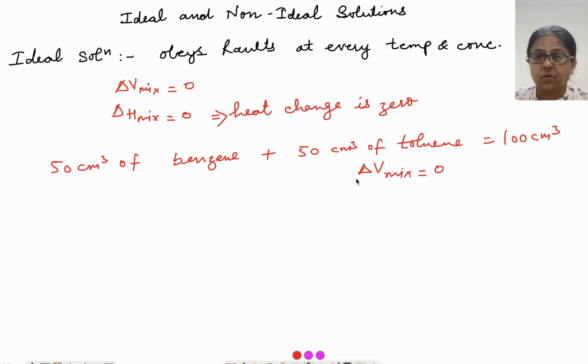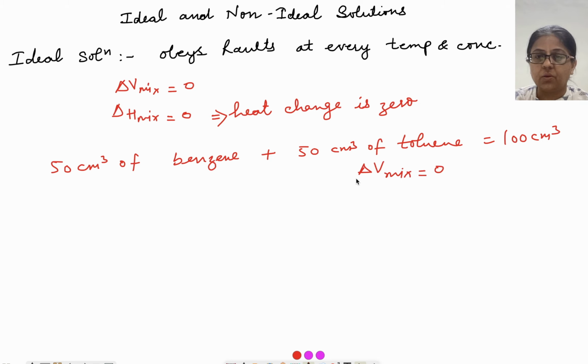Take the example of a non-ideal solution. In case of H2SO4 with water, when you mix the two components, sulfuric acid and water, then what happens? A large amount of heat is released and there will also be a change in volume.